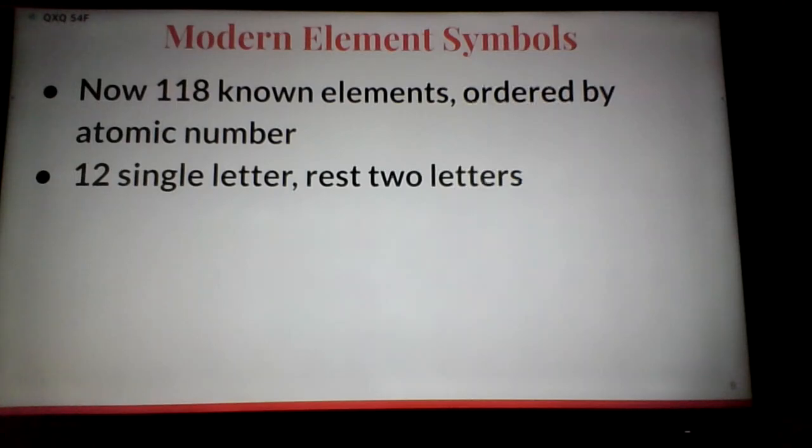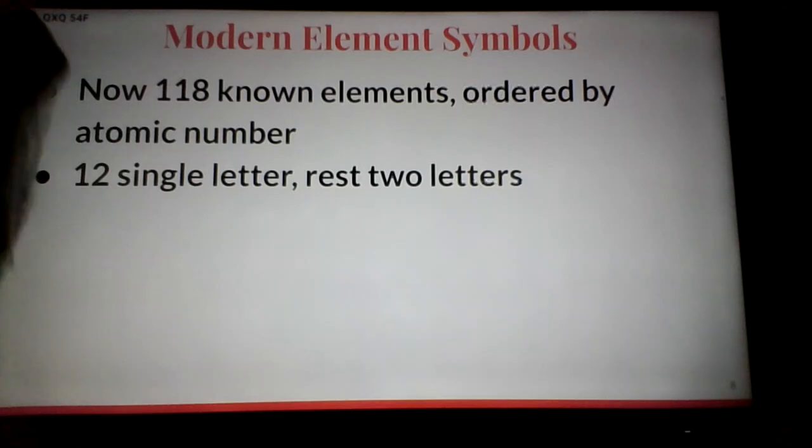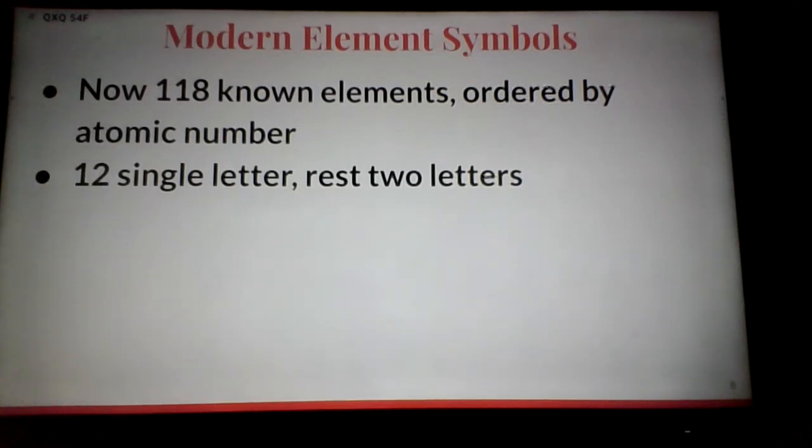And really, it was in the last few years that the last few elements got their names and their symbols. It used to be that element number 118 was called ununoctium, which is simply the Latin word for the number 118, and the symbol was Uuo. But now, those last few elements have their names and their symbols.